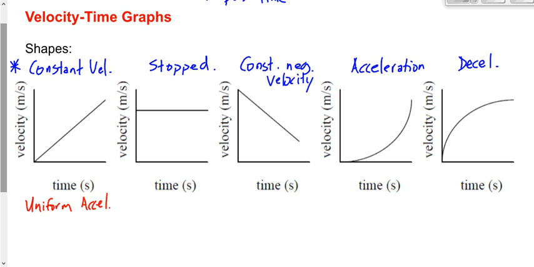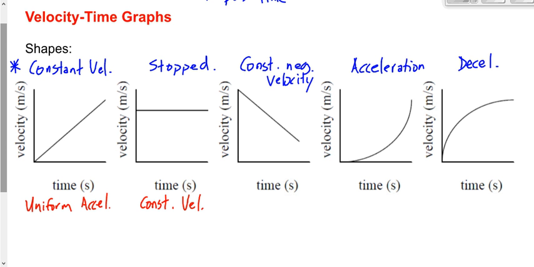Next one. This one, stopped? No, it's not. Look, there's a velocity. So what's going on here? It's a constant speed or a constant velocity. Notice we're using the word constant again, although it doesn't really matter. Constant, uniform, whatever you want.